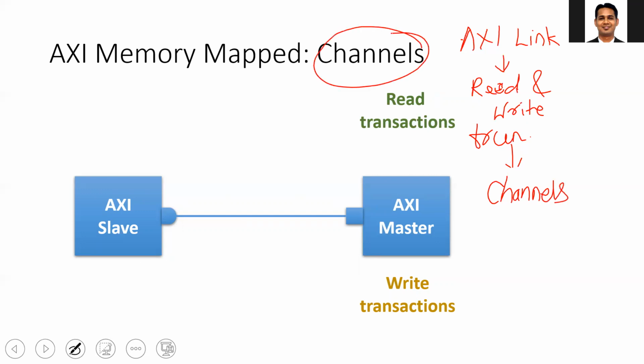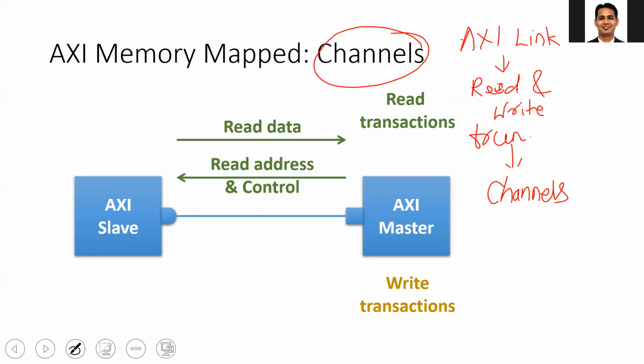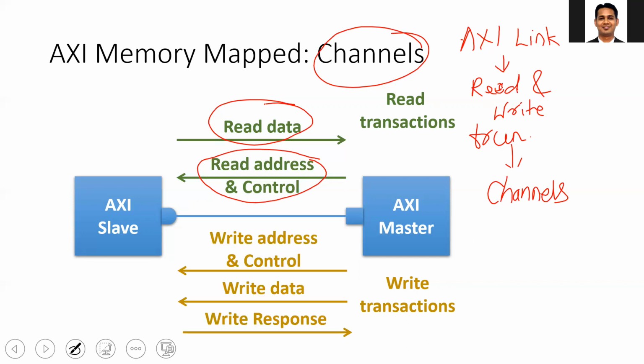So we are talking about channels now. For the read transaction, you have two channels: one is the read address and control channel, and the second is the read data channel. In the read transaction, the master is reading data from the slave. So the master sends the address and control information to the slave, and the slave sends the read data to the master. Similarly, in the write transaction, there are three channels. One is the write address and control information channel.